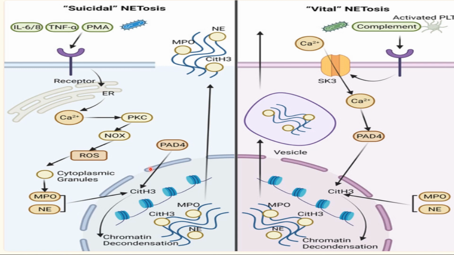Here is another diagram that shows the details of the 2 main processes of netosis, suicidal netosis and vital netosis.